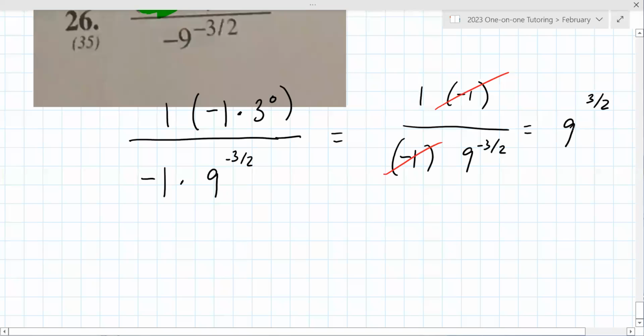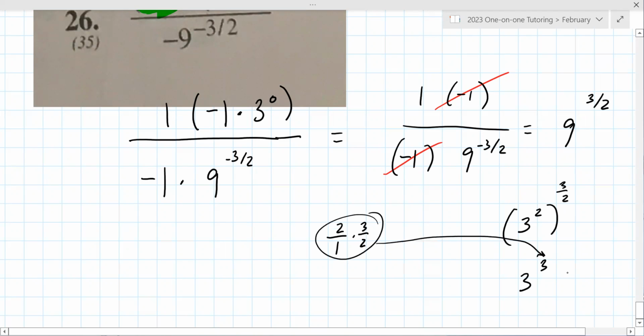You rewrite 9 as 3 squared to the 3/2 power. When you have an exponent to an exponent, you multiply. So you're taking 2/1 times 3/2, which ends up being 3 to the power of 3. So these are the exponents that turn into that 3 right there. And then you just get 27.